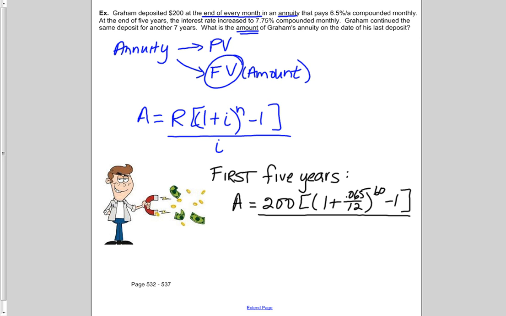And then .065 over 12. So for the first 5 years, she makes all of those deposits, and the total amount, very carefully with your calculator, is $14,134.79.